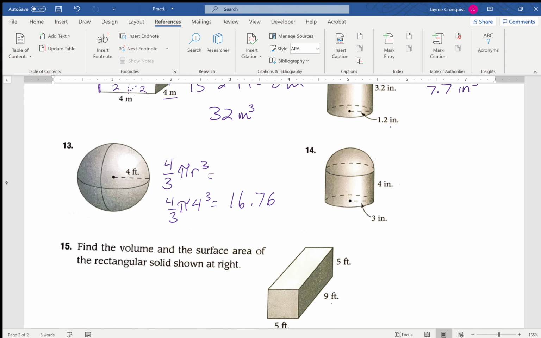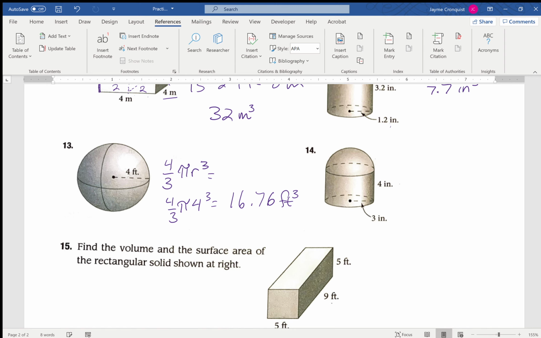Okay, and that's cubic feet. Feet cubed. All right, now we have a domed top right cylinder. So we're going to have to find the volume of the sphere represented by the dome top and then cut it in half.